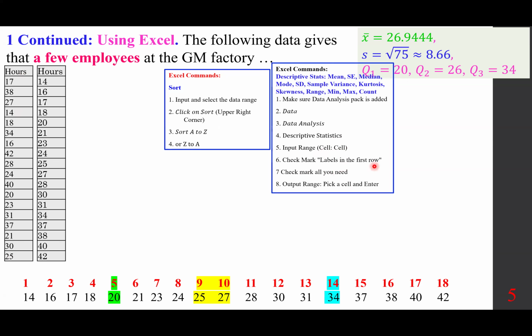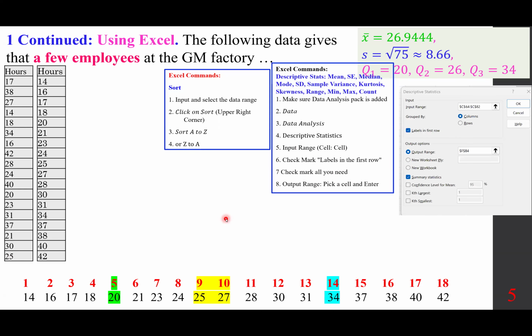Check mark label in the first row, so you want the label in the first row. And check mark all you need. For output range, pick a cell somewhere and just enter it. So it looks something like this. For input range, you can put it here or just highlight them. Label in the first row, okay. You want them in column format.